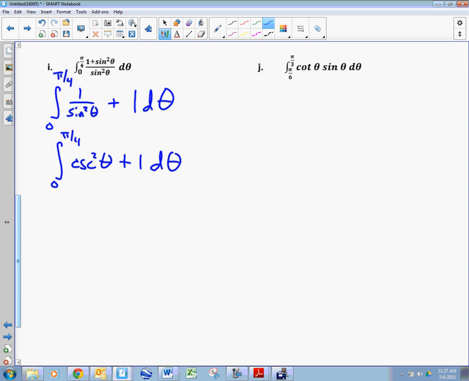Do you know what the antiderivative of cosecant squared is? Negative cotangent. The derivative of cotangent is negative cosecant squared. So the antiderivative of cosecant squared is negative cotangent. What is the antiderivative of 1? No, just cotangent.